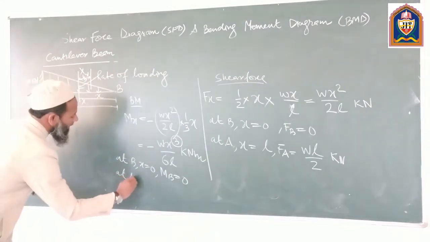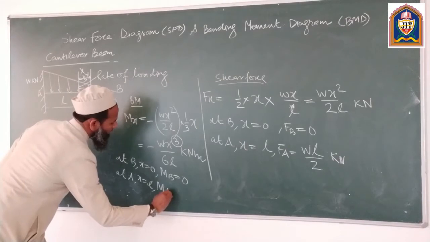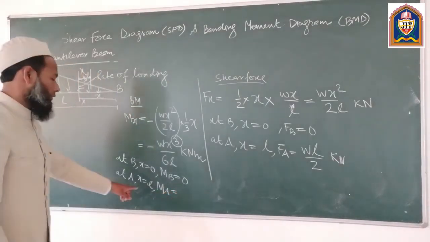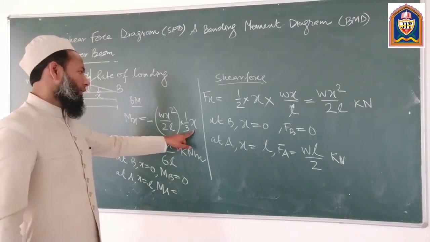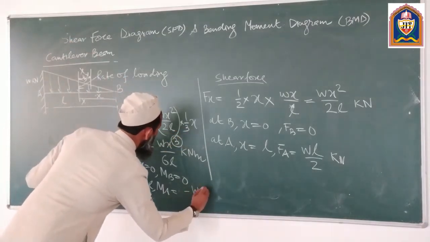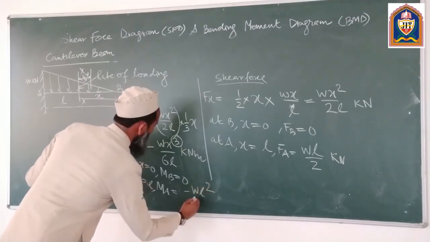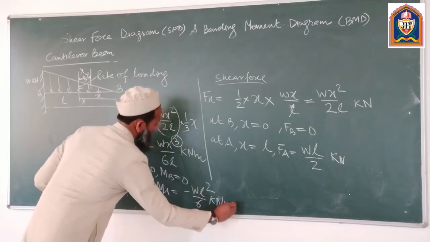At A, x is equal to L, so you put x equal to L in the equation, so MA is equal to minus WL square upon 6 kilonewton meter.